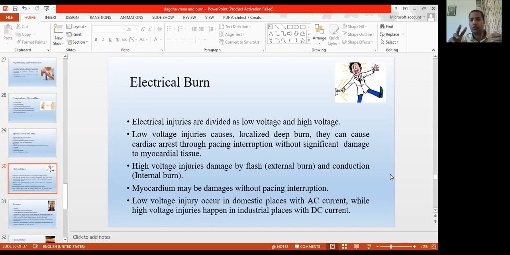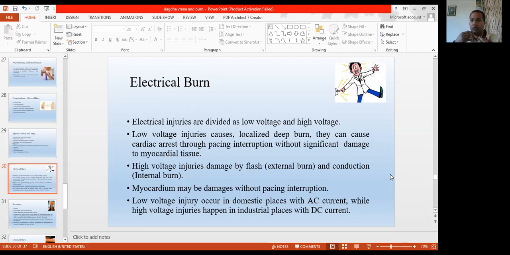Okay, so there are two points, one entry point and one exit point. The entry point is where the patient touches the electricity, and the exit point is where the patient touches the ground. So when it completes the circuit, the burn injury occurs due to the travel of current through the body.